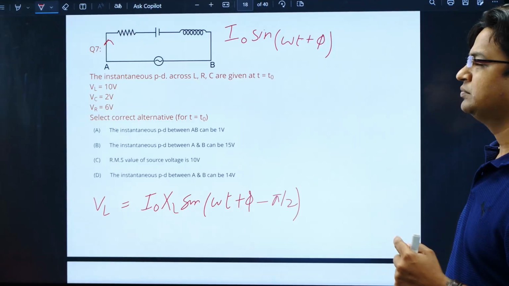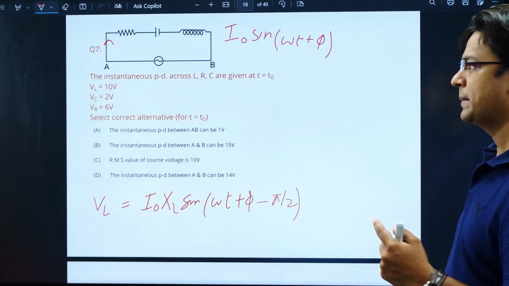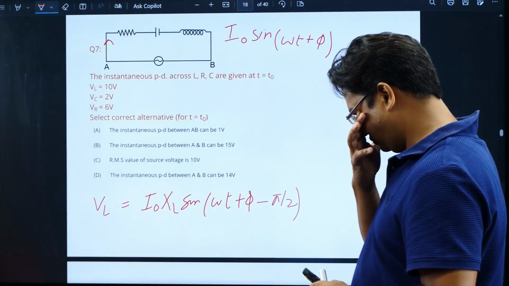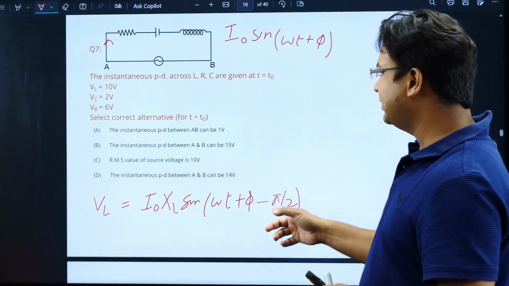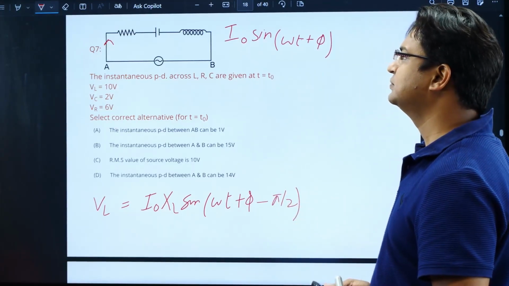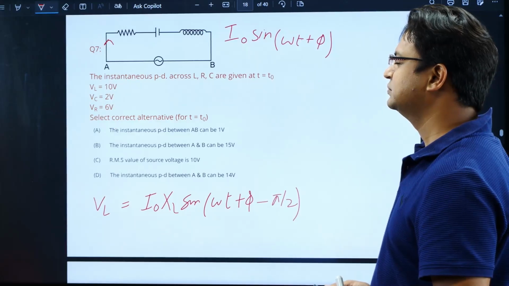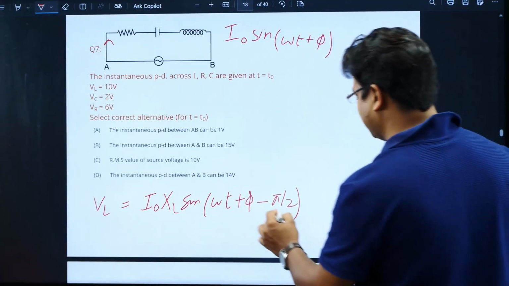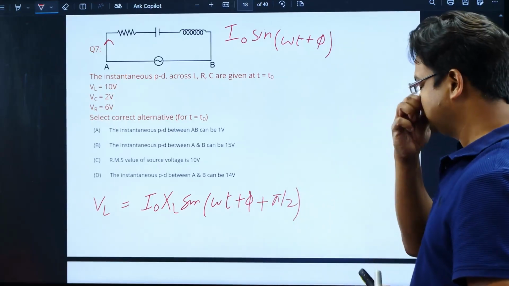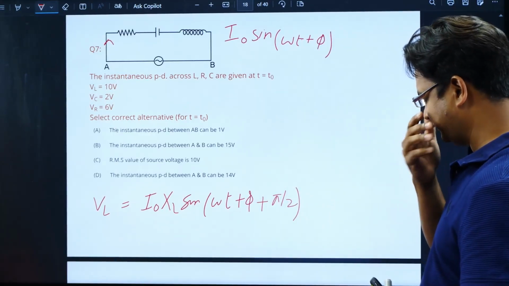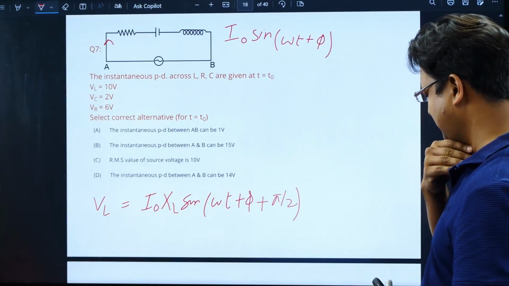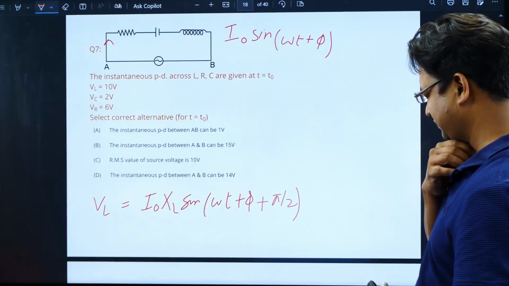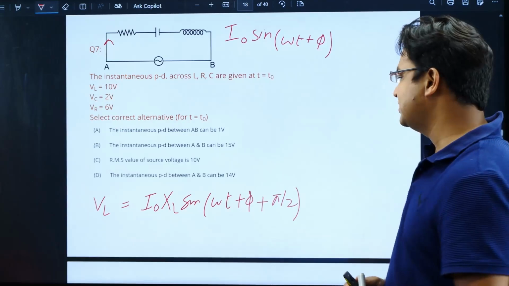Just a minute. For an inductor, the current lags the EMF, so this should be plus actually. Yes, current lags EMF, so this should be the case.